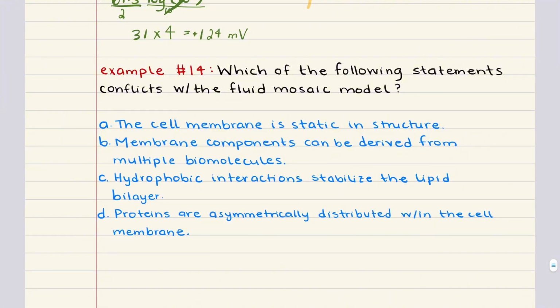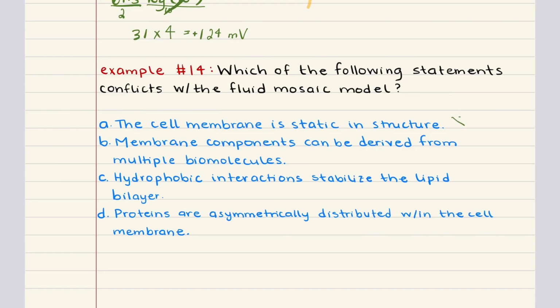Problem 14 says, which of the following statements conflicts with the fluid mosaic model? So for this problem, let's work through each answer choice. A says the cell membrane is static in structure. The fluid mosaic model actually describes the membrane as fluid, meaning the lipids and proteins can move, and that creates a flexible and dynamic environment. If we call the membrane static, that would imply it's fixed and rigid, which directly goes against the model.